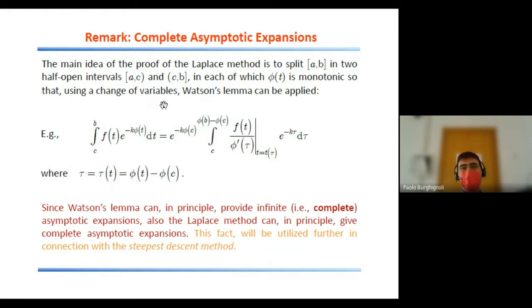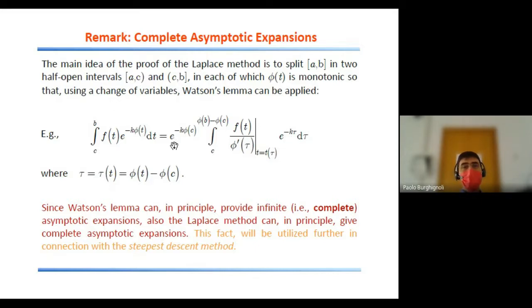Take, for example, the right half interval that goes from c to b. In that case, if you change variables by means of this expression here, where the new variable tau is equal to phi evaluated at t minus phi evaluated at c, what you get is that, first of all, inside the integral, you have the standard Laplace exponential e to minus k tau.